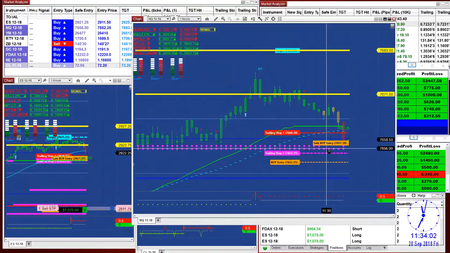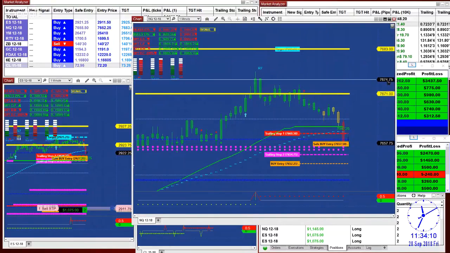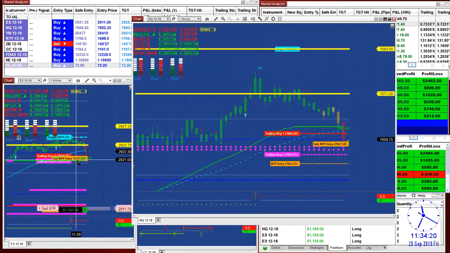This is our re-entry point, the buy safe entry on the NASDAQ. This is the safe entry, pullback re-entry on the ES.